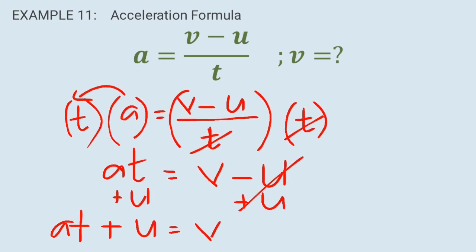So if we're going to apply the symmetric property, having this v on the left hand side, we will have v equals at plus u. Again, we applied the symmetric property.